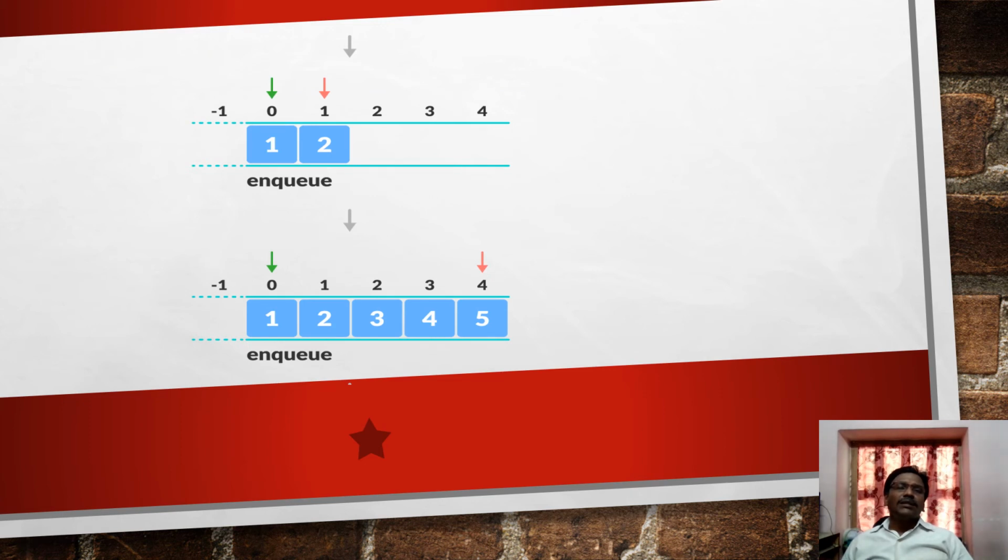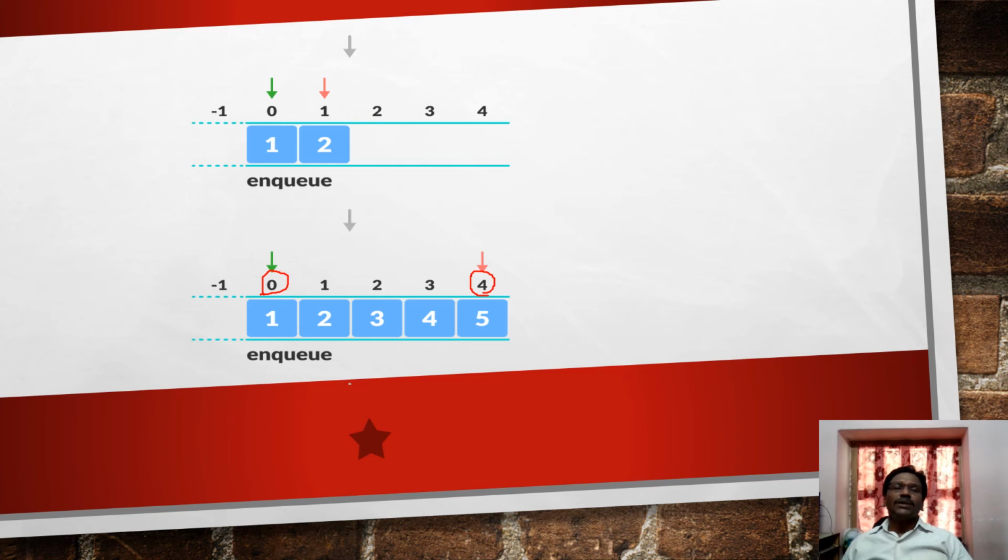Next, I will try to insert another element, so increase the rear position. Again and again, I insert a number of values in this queue. At present, the front is representing 0 and rear is representing the fourth index.